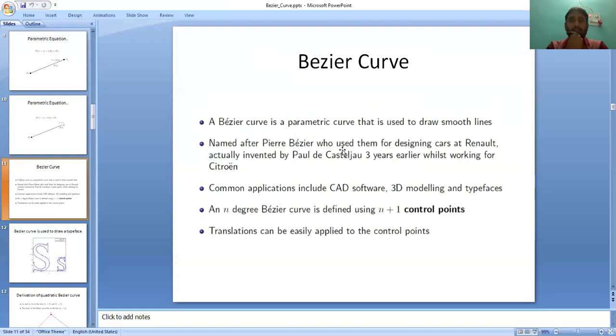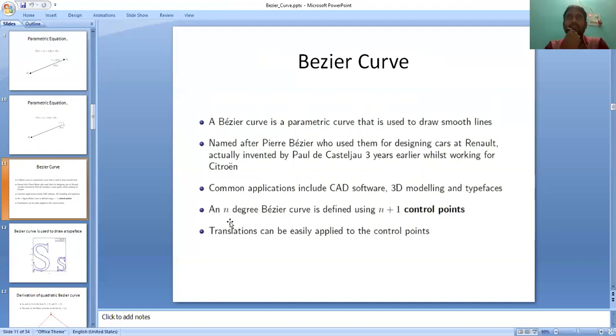Now the most common application of the Bezier curve is in CAD software where modeling and designing is done, 3D modeling software and typefaces. Now this is one of the more important points: an n degree Bezier curve is defined by n plus 1 control points.